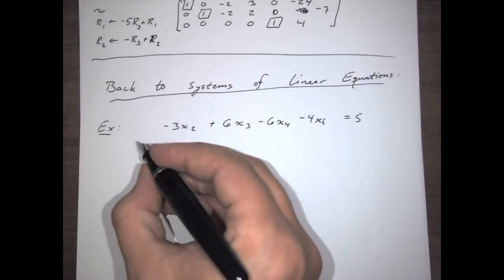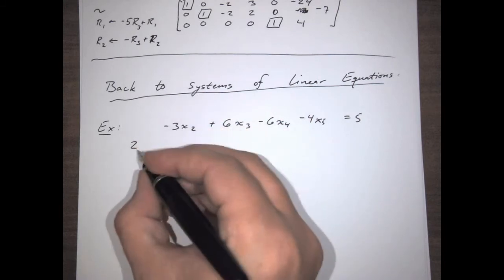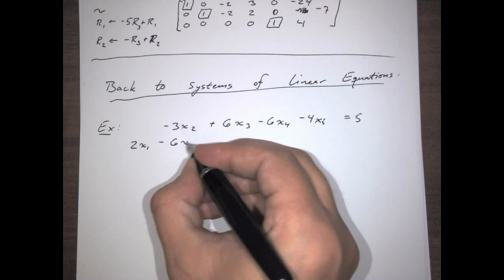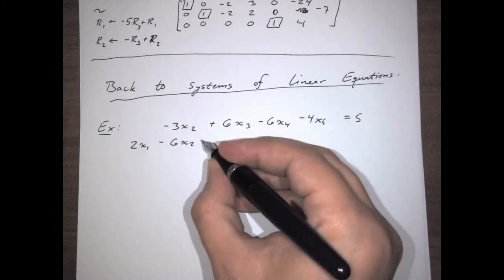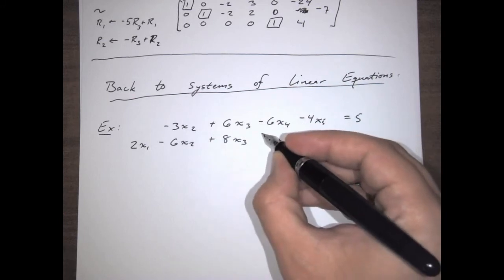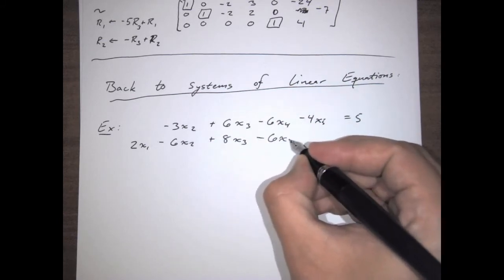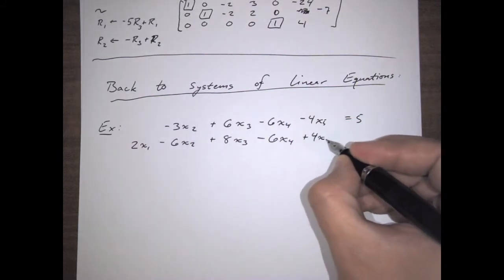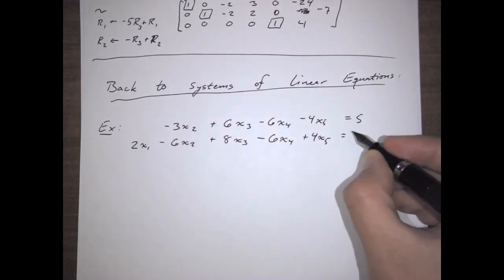And then as our next equation, take 2x1 minus 6x2 plus 8x3 minus 6x4 plus 4x5 is equal to 10.